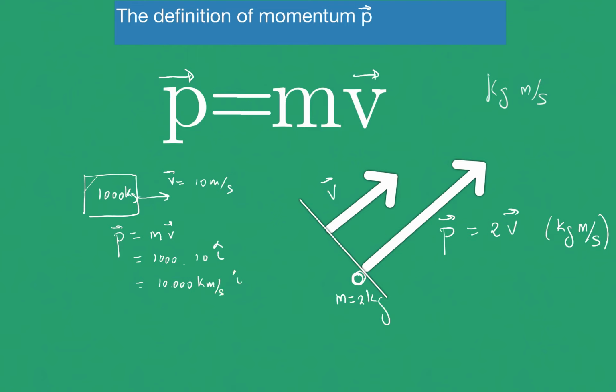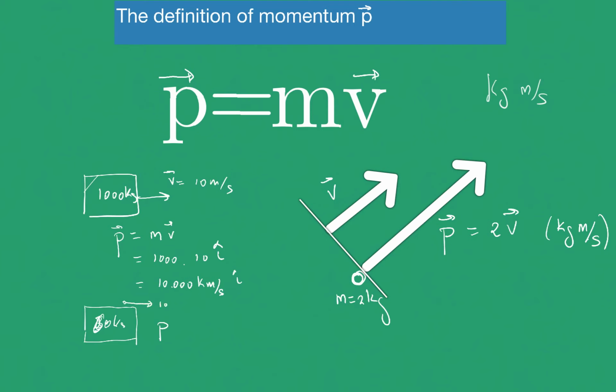So this is a big object moving. Let's say that I have a small object moving. Let's say that it's a bicycle. A bicycle maybe is 30 kilograms, so with the person it will be 50 or 60 kilograms. So what is its momentum if it's moving with the same vector velocity?